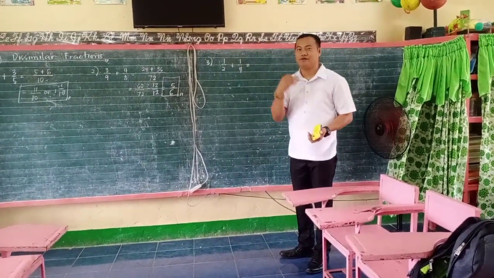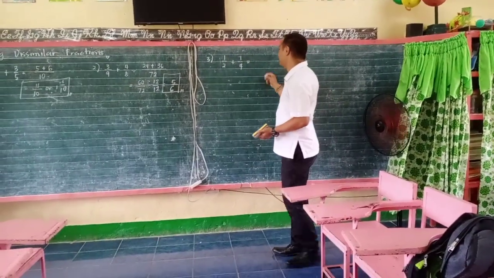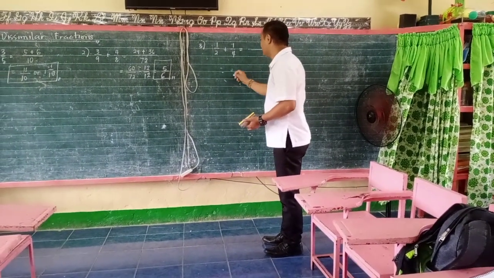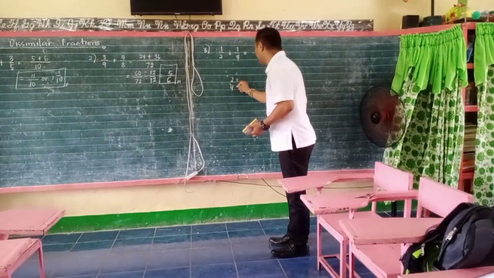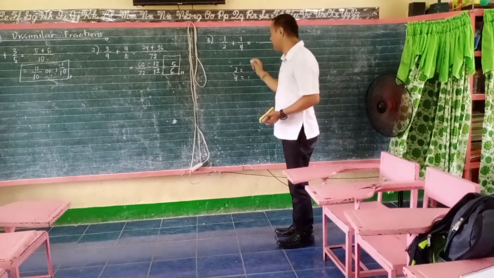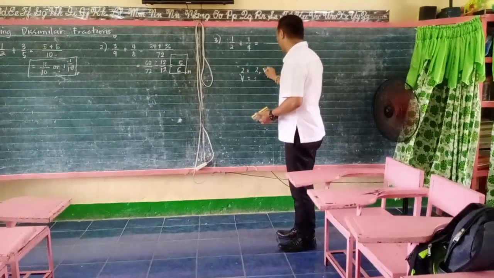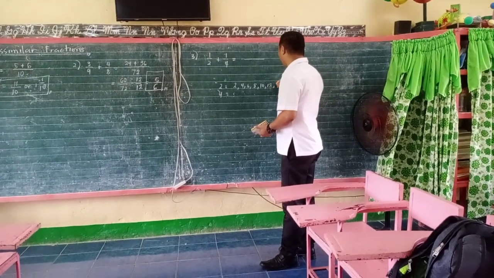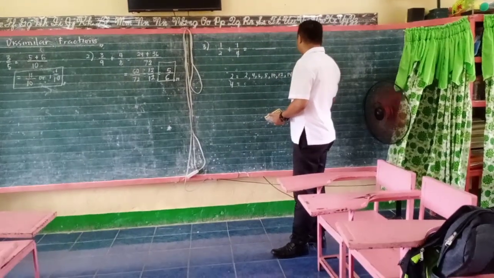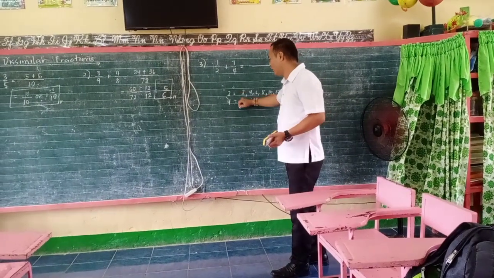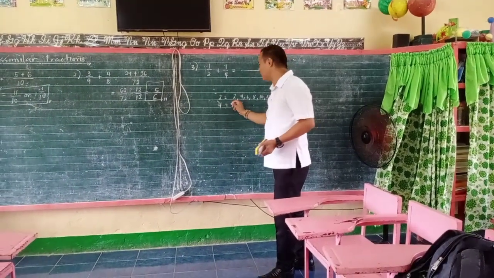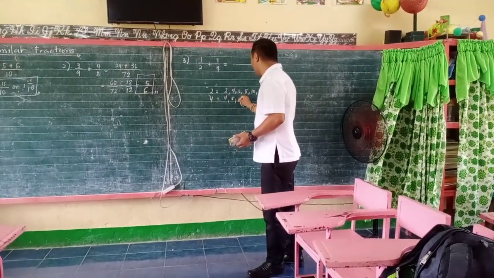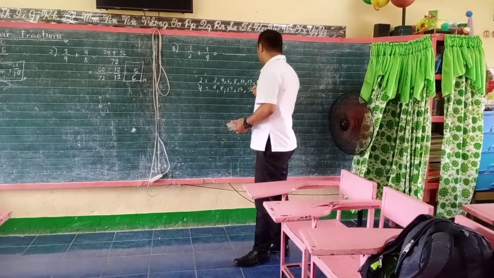So let's apply the rule in adding dissimilar fractions. We get the LCD. So we have to determine the LCM of both denominators. For multiples of 2, we have 2, 4, 6, 8, 10, 12, 14, 16, and so on. For multiples of 4, we have 4, 8, 12, 16, 20, and so on.